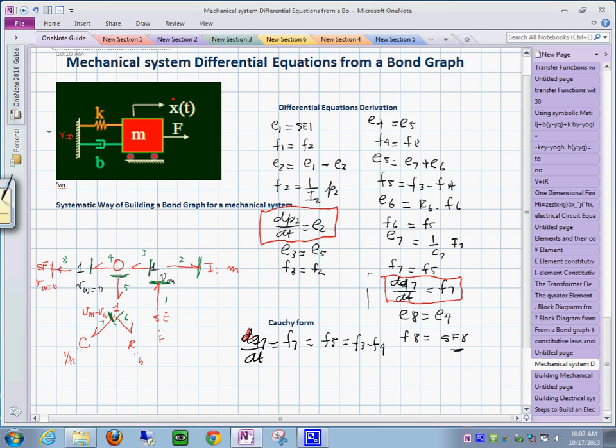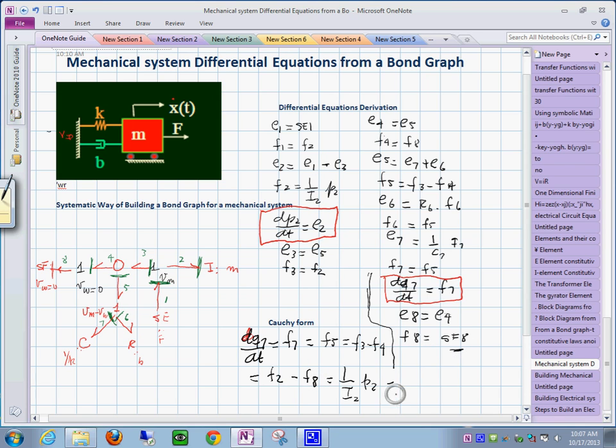I'm just going to put a separation here so we don't get confused. What's f sub 3 now? Take a look at it, go on looking for f sub 2. And f sub 4 is what? Take a look, f sub 8. What is f2? 1 over I sub 2 p sub 2 minus f8.